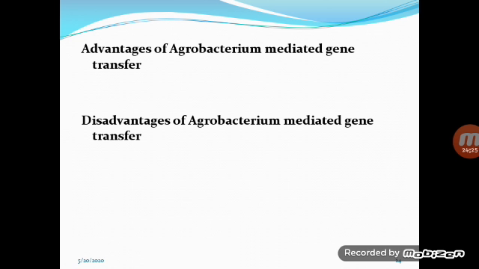First, it is a simple and comparatively less expensive method as compared to other methods. After today's lecture, inshallah, we will discuss other methods of plant transformation. It has a high transformation efficiency, which is the most important thing.